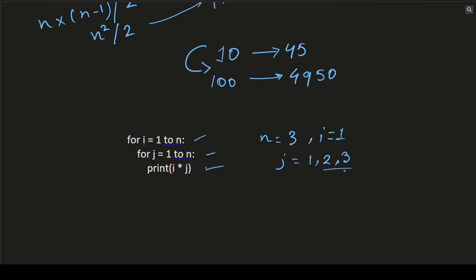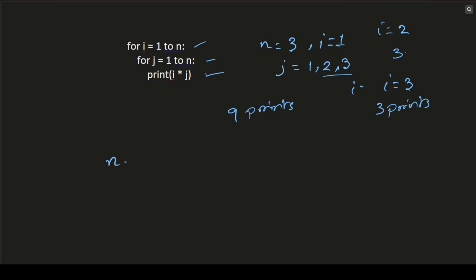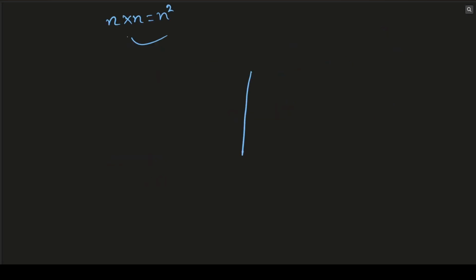It is 3 prints. For i equals 2, it is 3 prints. And for i equals 3, it is 3 prints. So the total would be 9 prints. So the number of prints is n multiplied by n, which equals n squared. So that is pure quadratic.